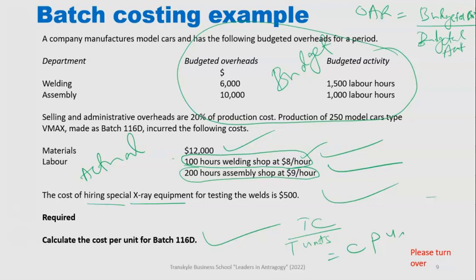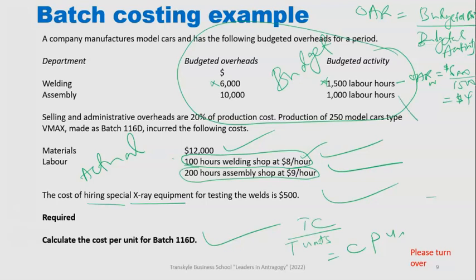So for the welding department, the overhead absorption rate is equal to the total cost, which was $6,000, divided by 1,500 labor hours, and we get $4.